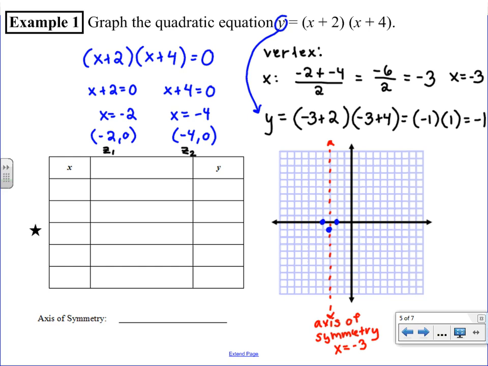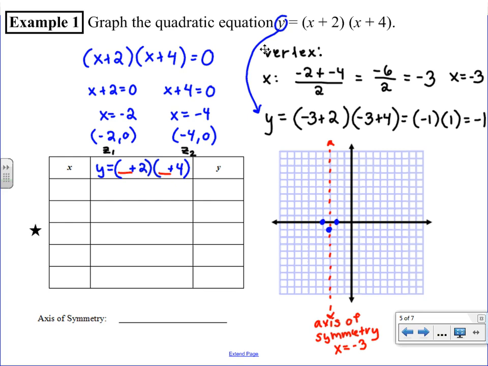Now, we have our table of values, and what I'd like you to do is put the equation in the top here, and what I'm going to do is leave a little blank for where the x should be. Okay, and then we've always gone with the go-to values of negative 2, negative 1, 0, 1, and 2.